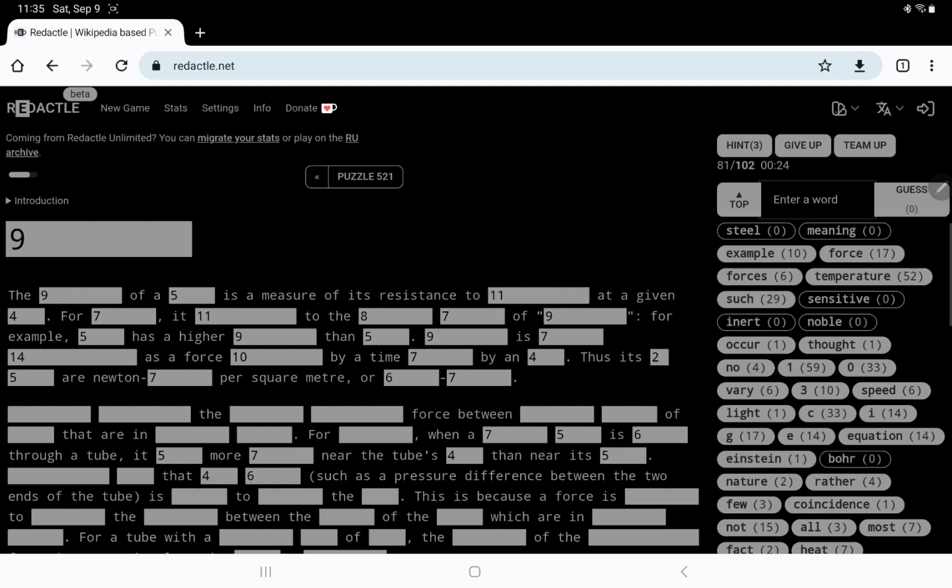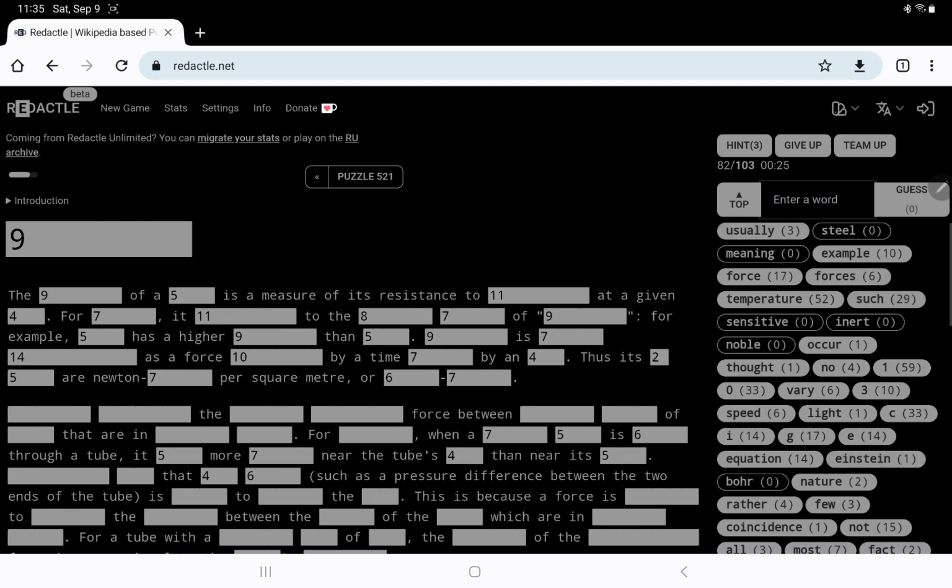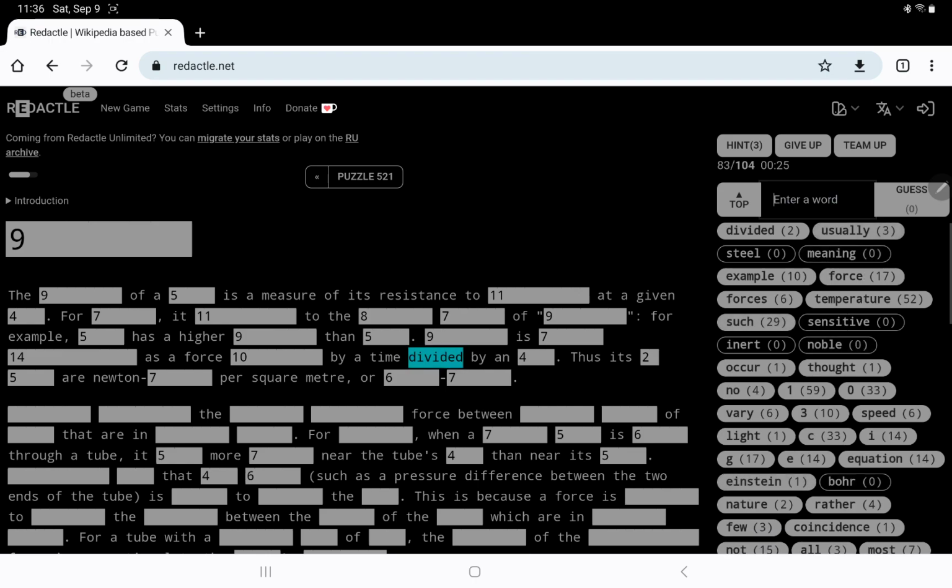Let's try steel. What are other common materials? Something is usually, now is blank 14 as a force something by a time divided by an something.